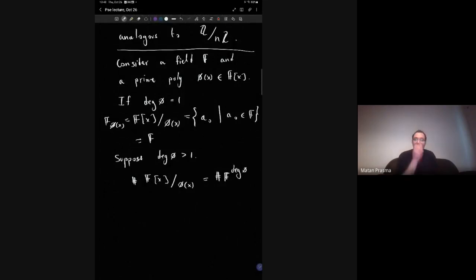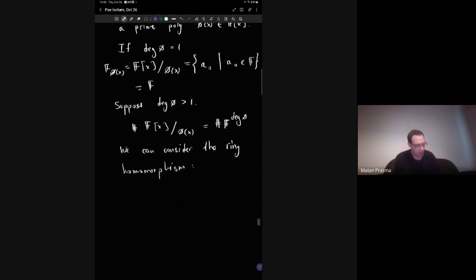So we know the number of elements, but we can consider the ring homomorphism from polynomials over F to polynomials over F modulo phi, and the map takes a polynomial f of x and sends it to f of x modulo phi.